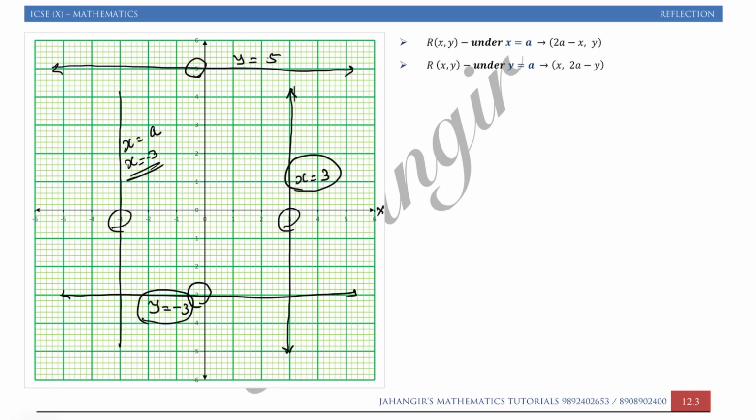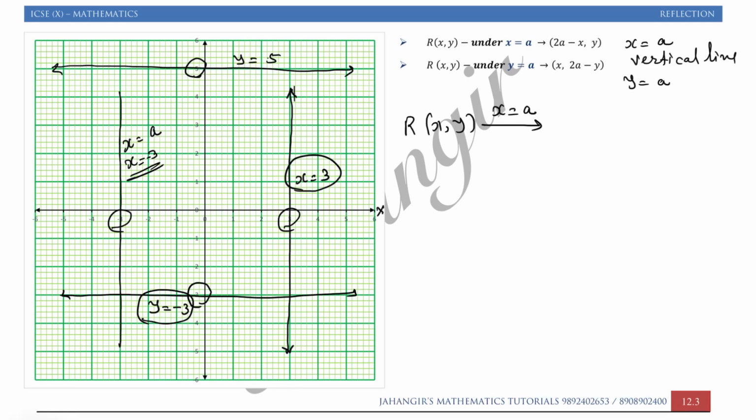Now if any point (x, y) is reflected in x = a, x = a means a vertical line. Whenever we say x = a, that means it is a vertical line, and whenever we say y = a or b, you can say anything, a is just a constant.